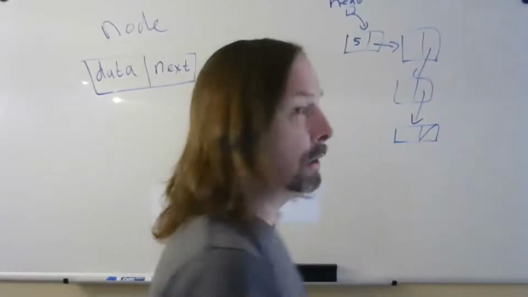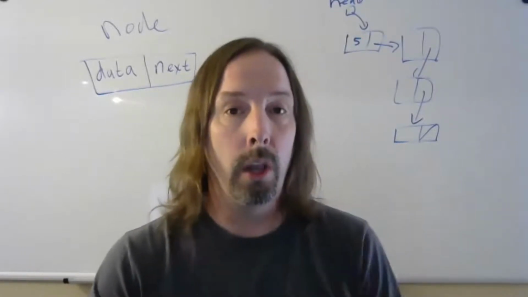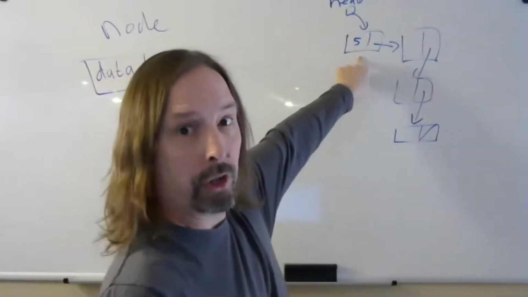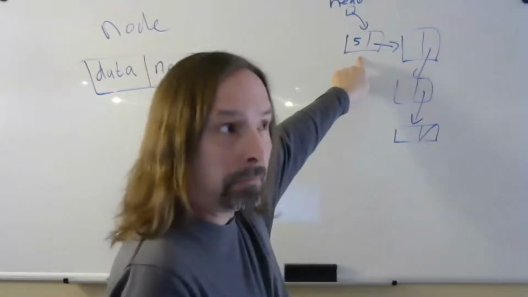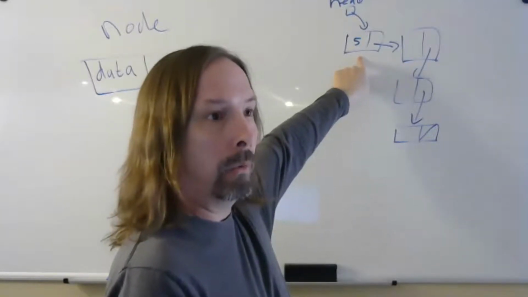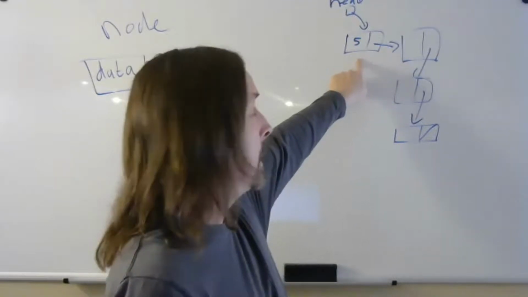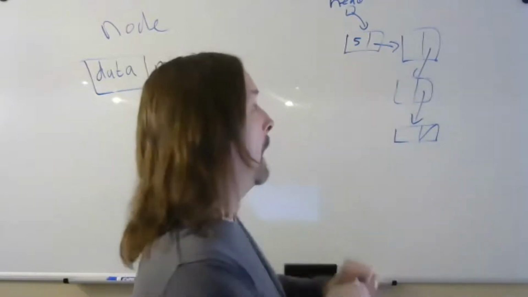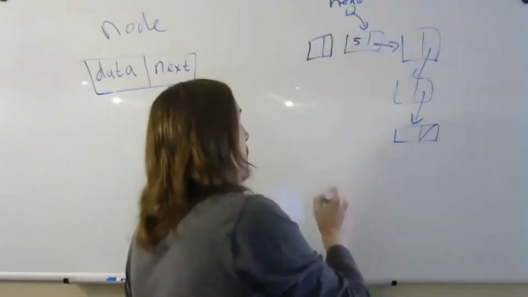So here's the deal when I want to insert at the head of a list. All I want to do is to have a node in front of my first node. If the list is empty, then I will just insert the new node. If the list is not empty, then I've got to make sure that when I'm done, my new node is here.